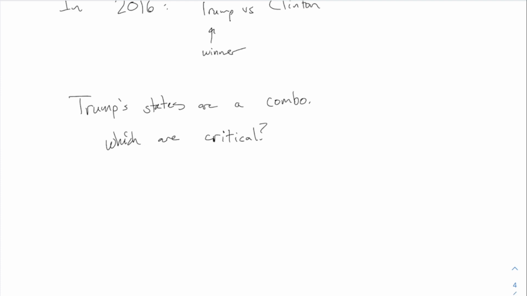You would do 306 minus 29, and that still makes it to the quota. So you think about each state individually. Which are critical? The answer is only Texas is critical here. Florida is not, because if everything else was the same, Trump could have afforded to lose Florida, and he still would have won. That's what critical means in this case.